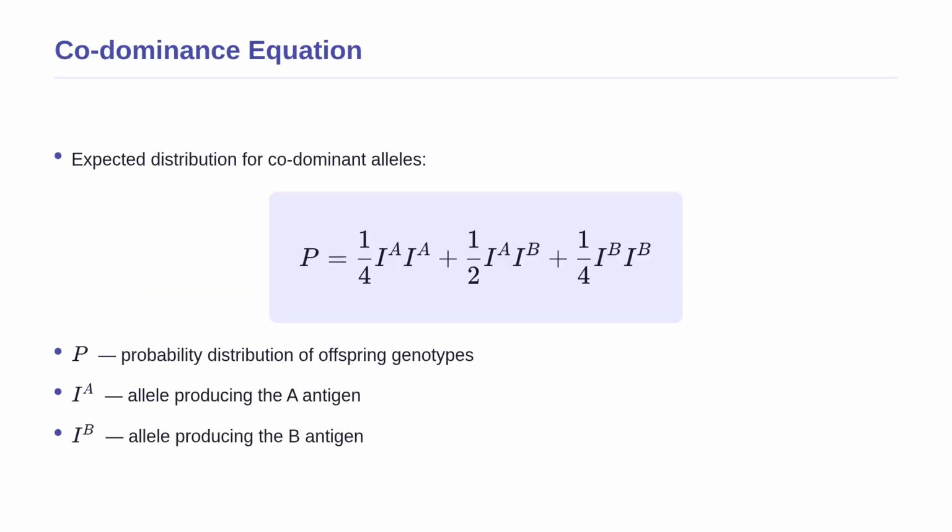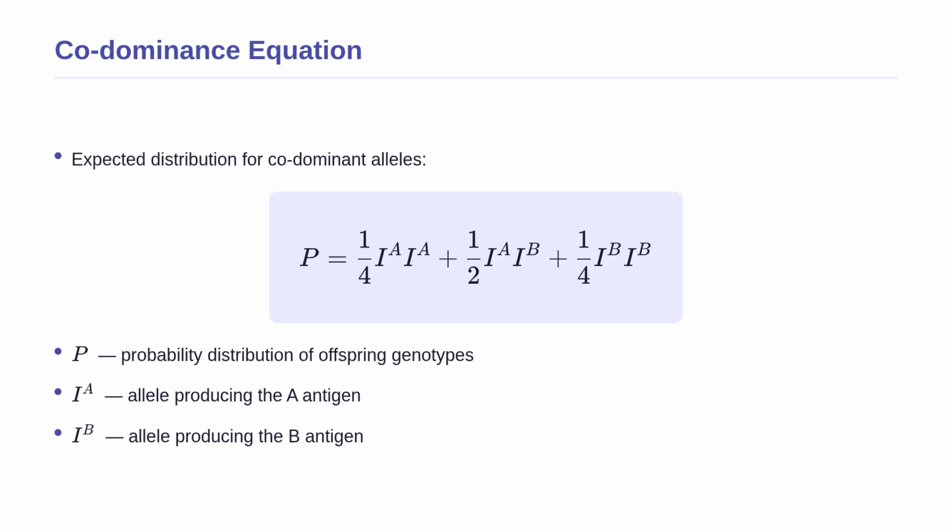Just as we did with snapdragons, let us look at the mathematical formula for codominance, specifically for human blood types. Conceptually, this formula arises from the exact same random assortment of alleles, but the physical result is entirely different. Here, P again stands for the probability of the offspring's genotypes.